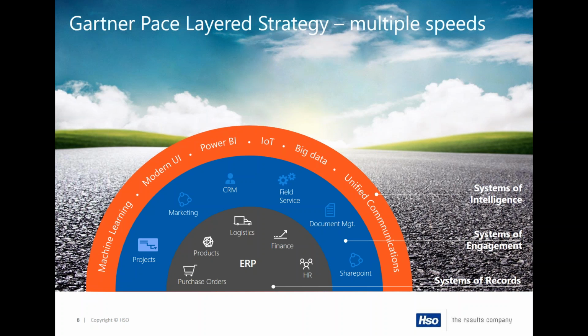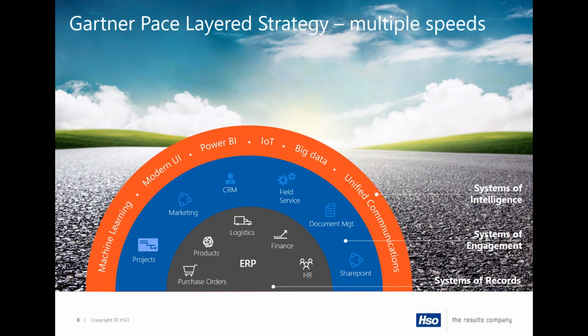So there is a new layer created, which is the systems of engagement. Let's say your customer engagement layer, your supplier engagement layer, or maybe your employee engagement layer. The way you cooperate and collaborate with the field around your company day to day. And in this field we see project services, marketing services, document management, other ways of collaborating and creating options to engage with other people, other companies.